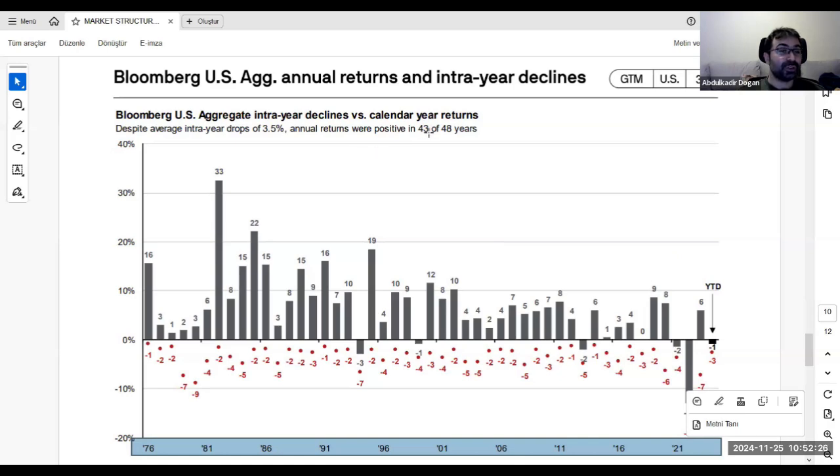But for the 43 years, during these 50 years, we compensated our losses after sharp declines in the United States aggregate return for the government bonds.